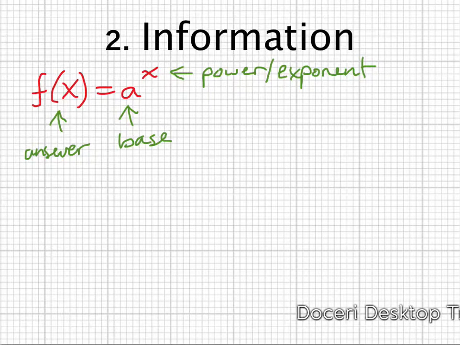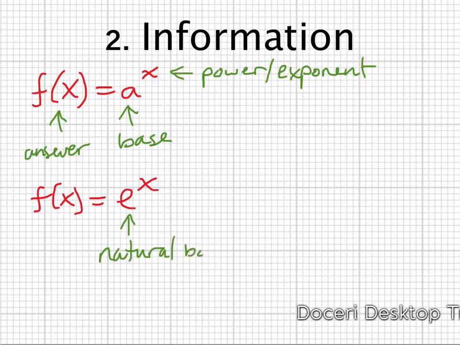Now, we've already talked about e, which is the natural exponent. That's f of x equal to e to the x. And e is what we call the natural base. The reason it's a natural base is it's kind of like pi in that it's a number that occurs in nature. We had to discover what it was, but it was already there.